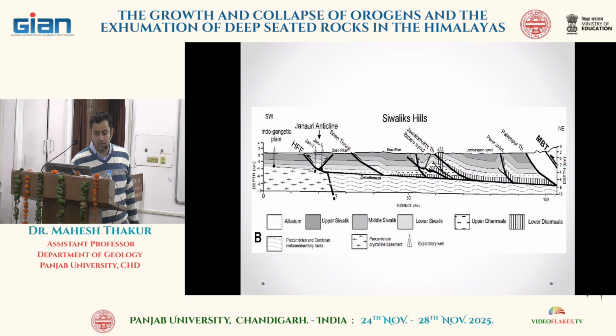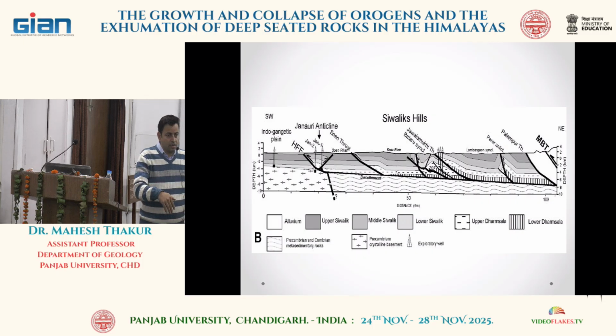What we are able to see is the Himalayan frontal thrust to the northeast, and then you have a back thrust dipping towards the south, and in between these two thrusts the Shivalik rocks are folded, making an anticline. And then you have other thrusts: Sohn thrust, Jwalamukhi thrust, then Paror, and then the MBT.